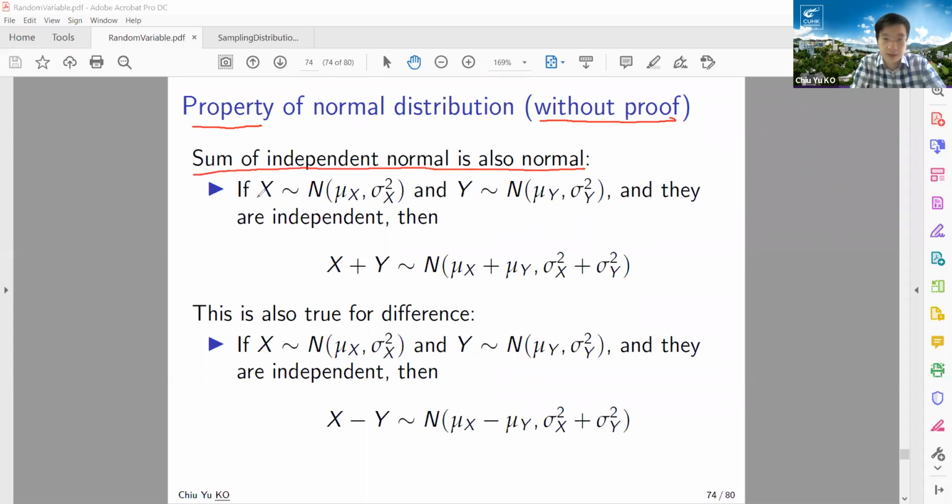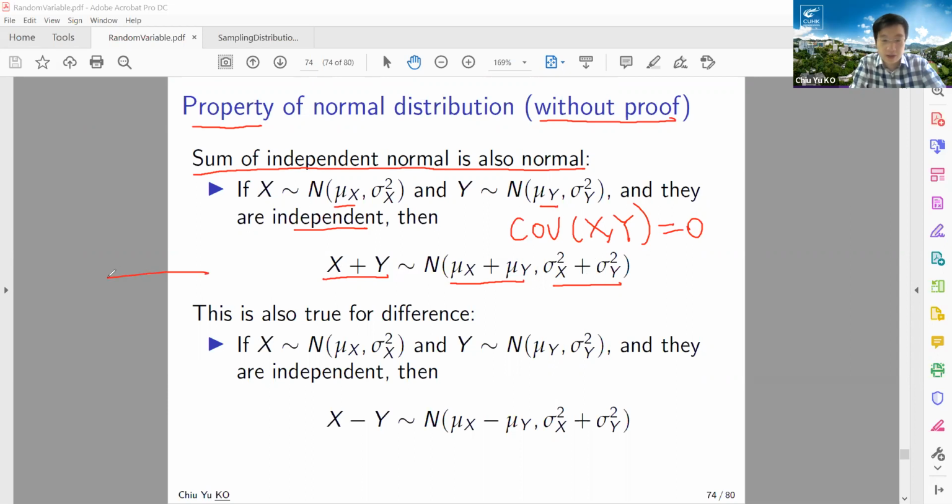So what it means is, for independent normals, the sum is still normal, with the sum of the means and the sum of the variances, because independence means the covariance of X and Y is 0. The good thing is it stays normal.